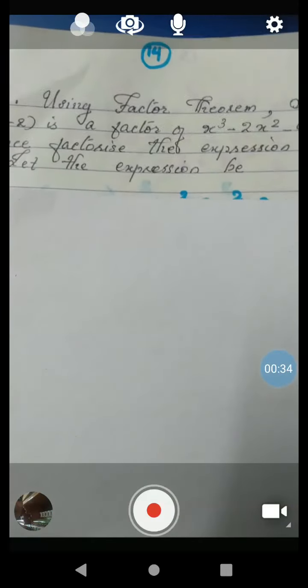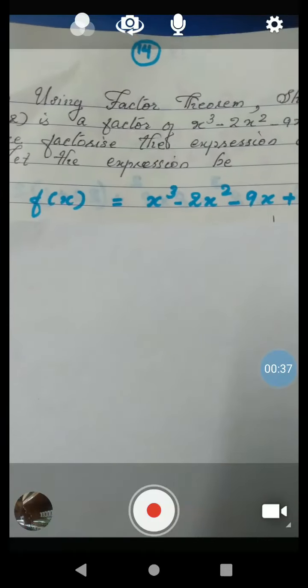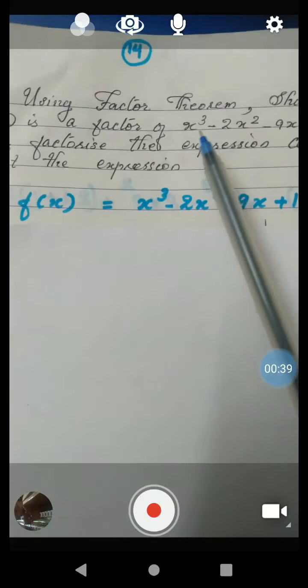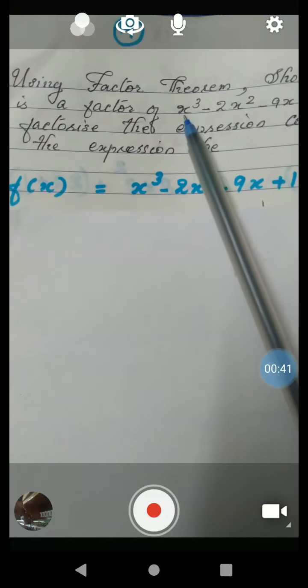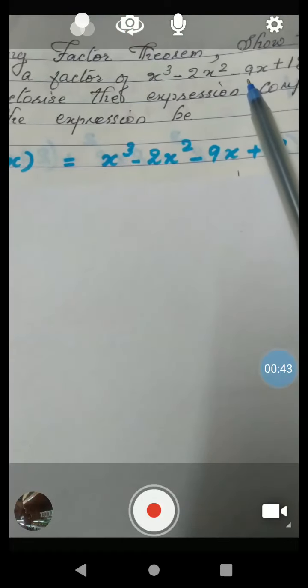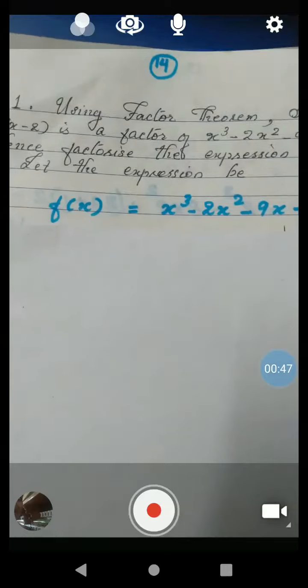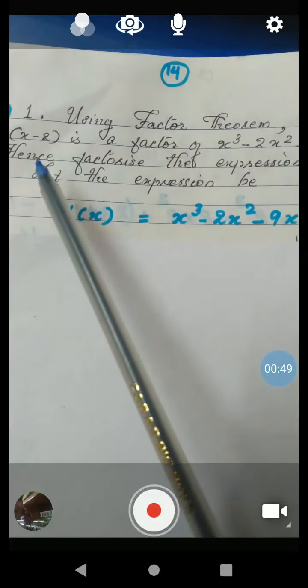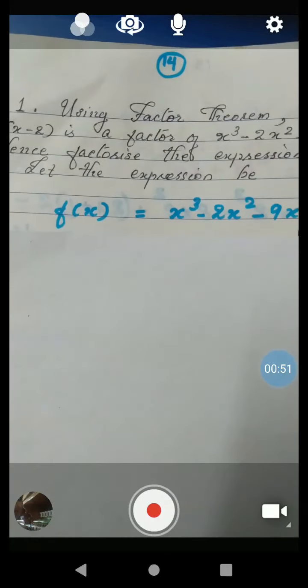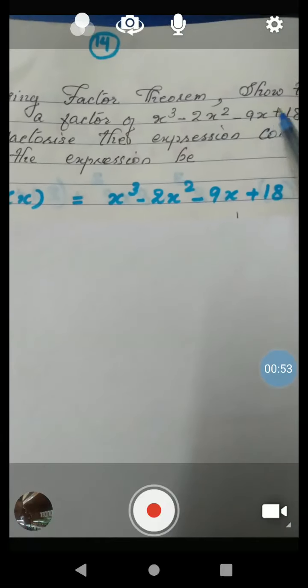So, first we can write, let the expression be f(x) is equal to x cube minus 2x square minus 9x plus 18. And it is given x minus 2 is a factor. We have to show that x minus 2 is a factor.